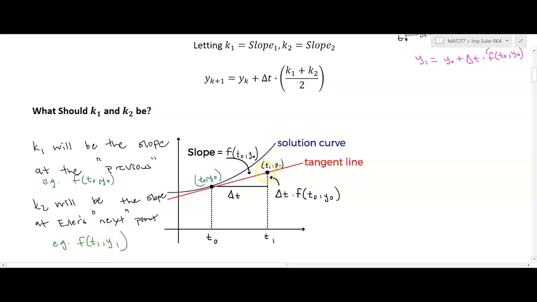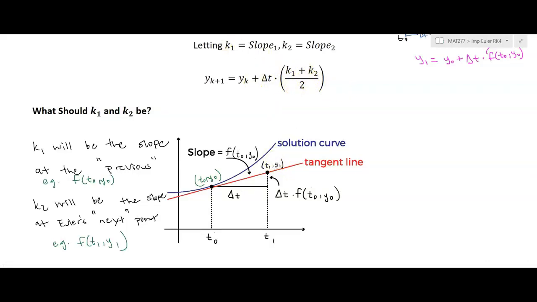Now we're not actually going to use that as our final t1, y1 because that's what Euler's method did. We're just going to grab a slope here. Then we're going to take this point, plug it into our differential equation, get the slope there. We're going to then average them together.